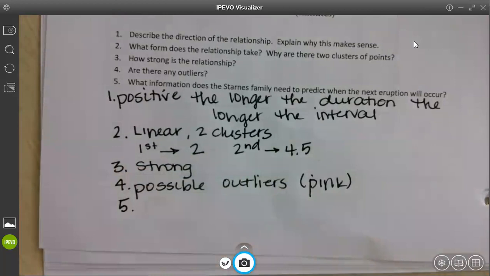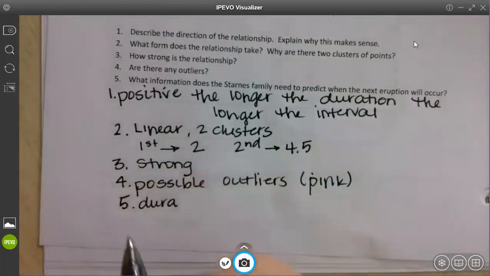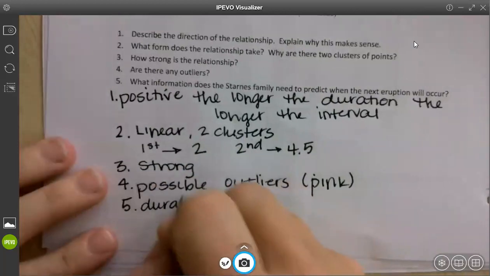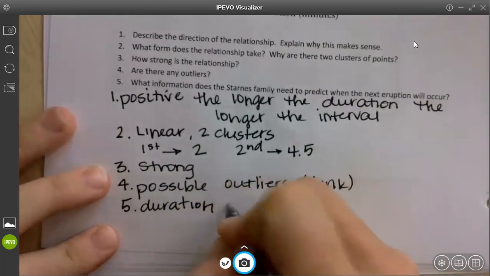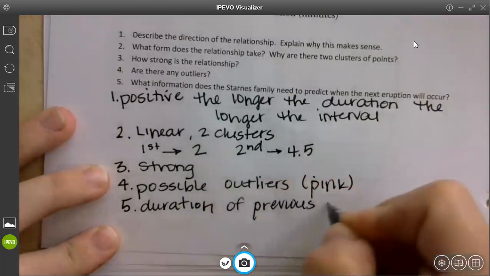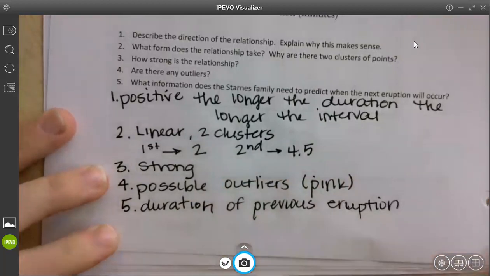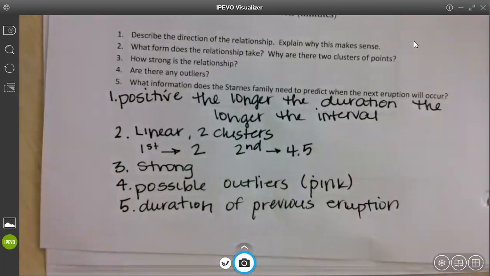The last one. So the previous one. Perfect. I need the duration. So what you said was right. I definitely need the duration, but I need it of the previous, the one right before it. Because the previous duration, or the previous interval duration, sorry. Yes, the longer the duration, the longer the interval is going to be.